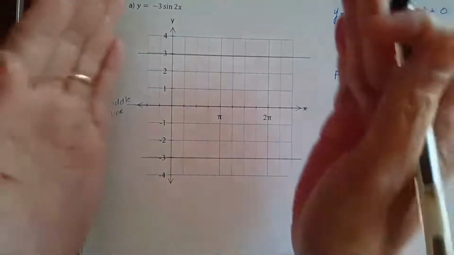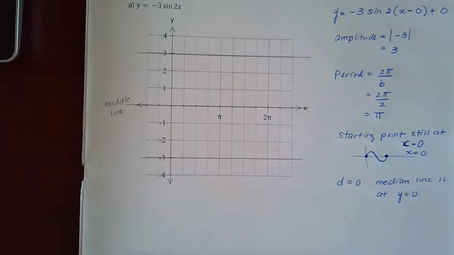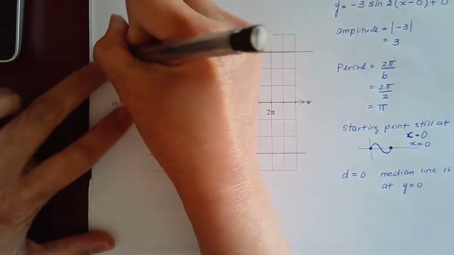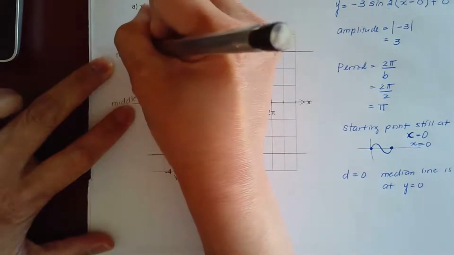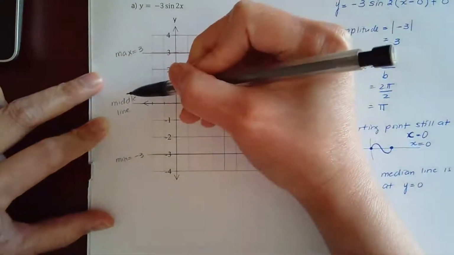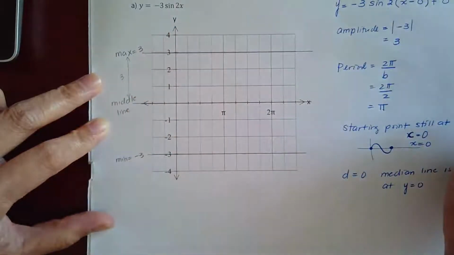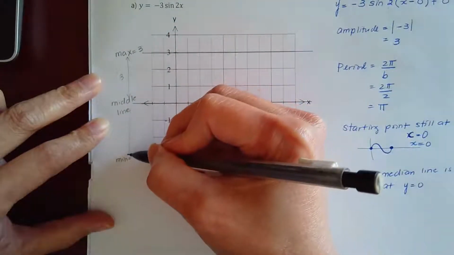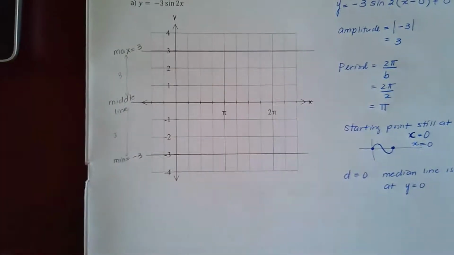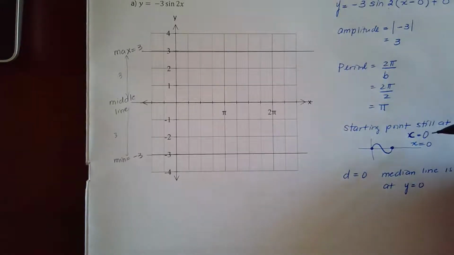What we're trying to figure out is how far up we need to go and how far down we need to go. Here, our maximum is at 3 and minimum is at -3. The amplitude is 3 units up and also 3 units down. The next thing we do is phase shifting, the starting point.